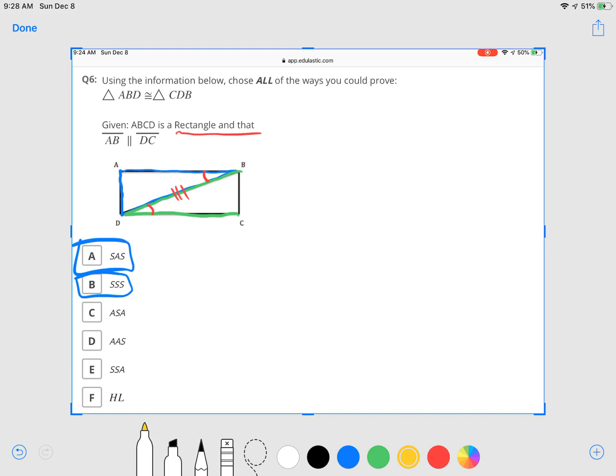And maybe you can see the Z right here. Right? These two lines are parallel because it's a rectangle and opposite sides are parallel. And then this right here is a transversal where the two red angles are alternate interior angles.